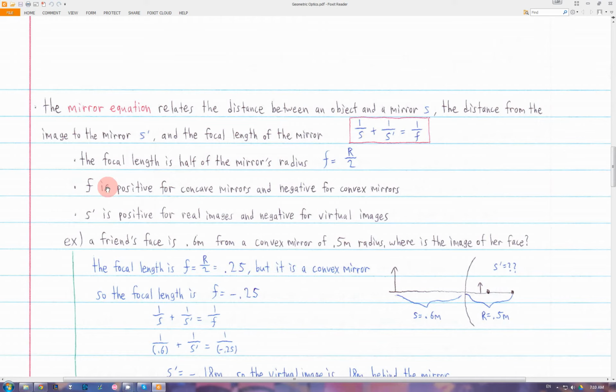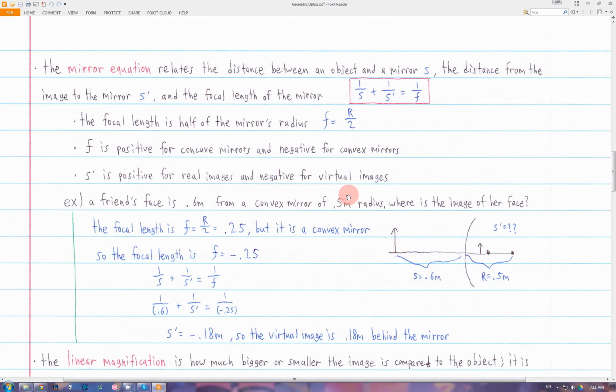Another way to think about these sign conventions is if either the focal point or the image is on the same side of the mirror as the outgoing light, then it's positive, and if it's on the opposite side from the outgoing light, then it's negative. For example, in a convex mirror, the image is virtual, so the image is behind the mirror, while the outgoing light is in front of the mirror. So then S prime is negative.